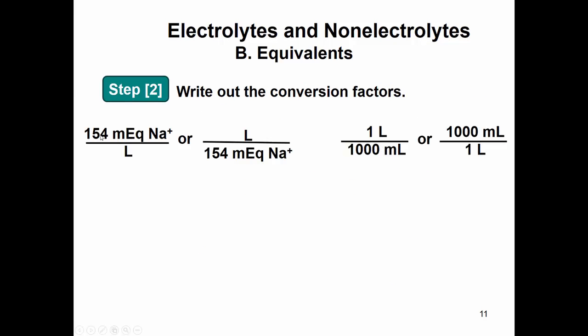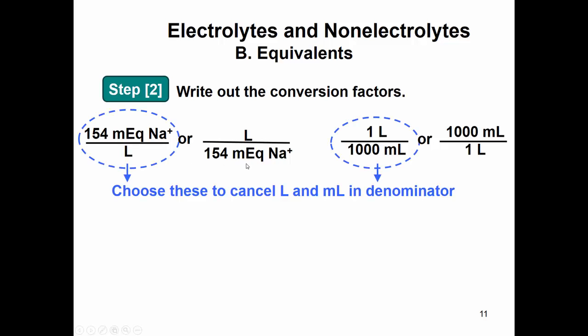I have 154 milliequivalents of sodium per liter, or I can flip that over. Those are my conversion factors. I have 1 liter, 1,000 milliliters. Hopefully we all know this, 1,000 milliliters per 1 liter. I'm going to have to choose these two here so that my units cancel.